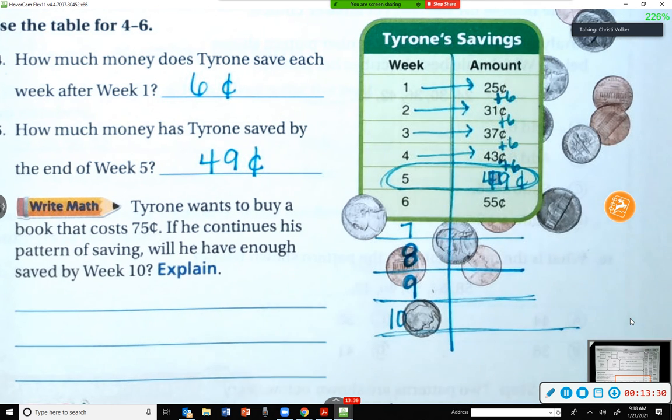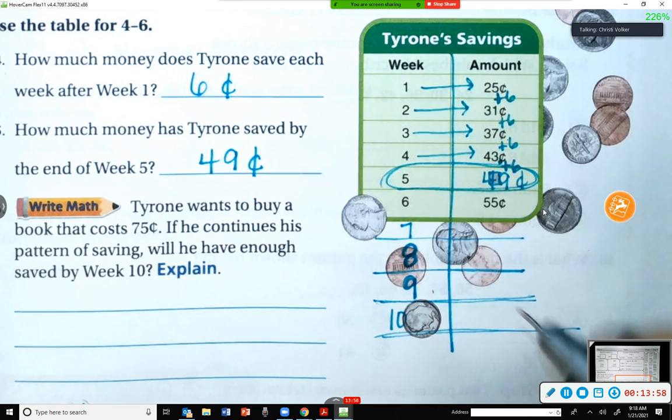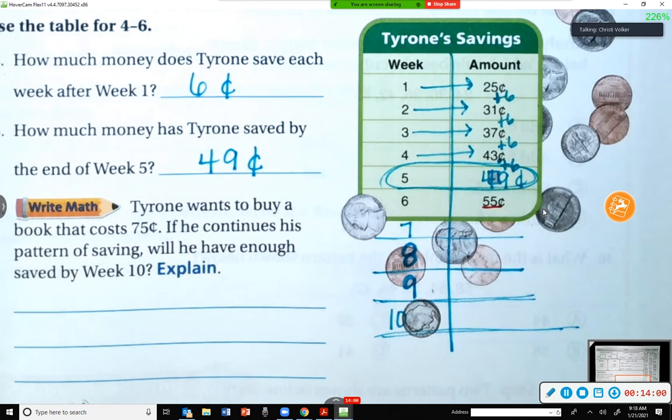Okay, so now we need to just continue the pattern, right? Yeah. So what am I going to do to find week 7? Kelsey? We got to start here with 55 and do what with the 55, y'all?